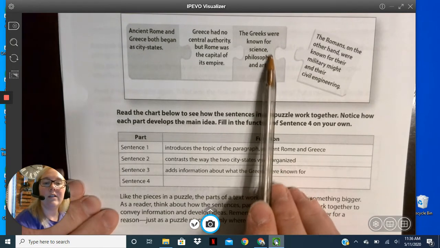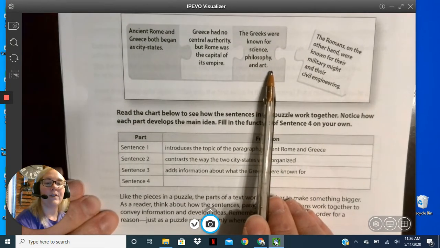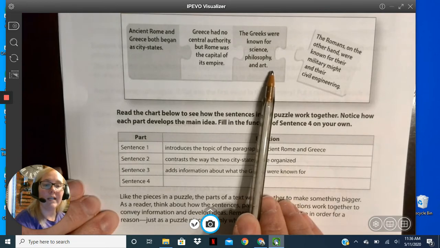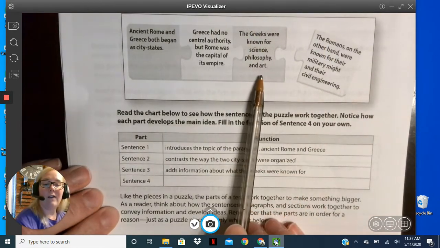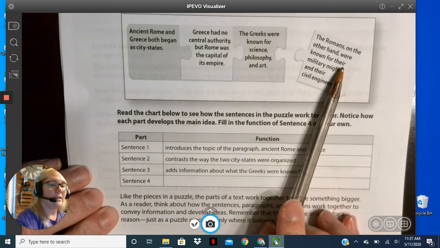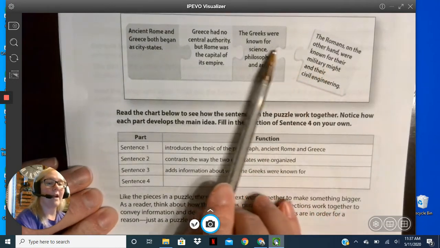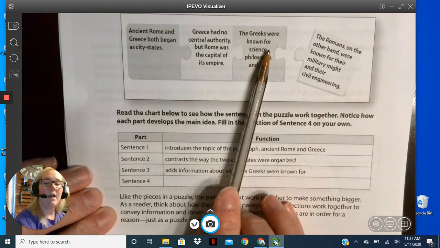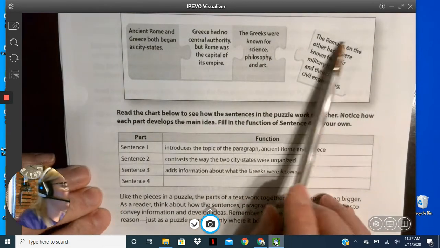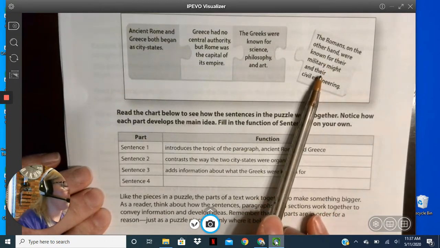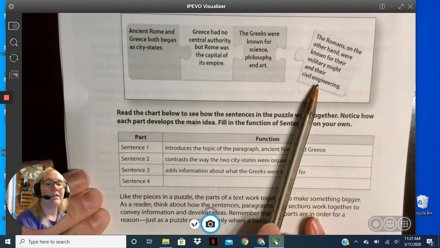Sentence 3 says the Greeks were known for science, philosophy, and art. So that adds information about what the Greeks were known for. That's all fine and good, but let's take a look at sentence 4 and see how that contributes to this puzzle and what would happen if it weren't there. It says the Romans, on the other hand, were known for their military might and their civil engineering.